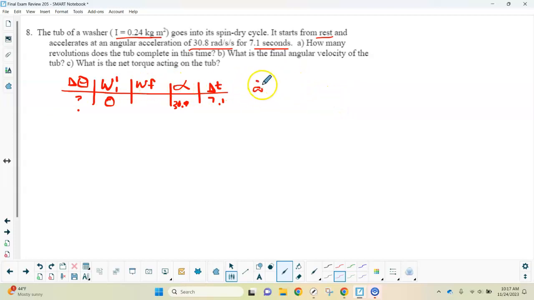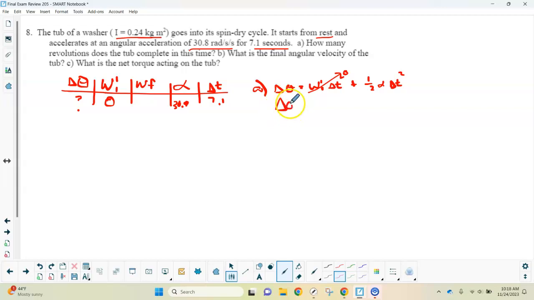So for part A, I would use delta theta equals omega I delta t, plus 1/2 alpha delta t squared. This first term goes away because 0 is the initial speed.